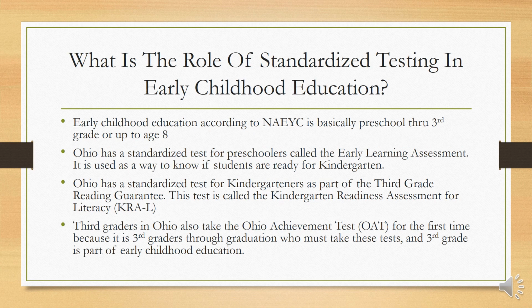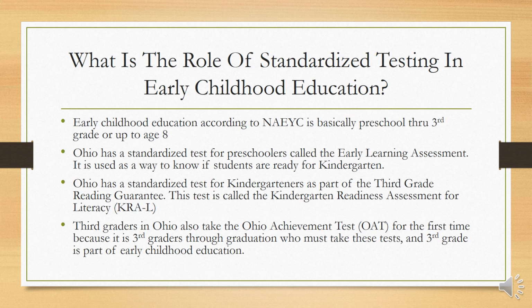What is the role of standardized testing in early childhood education? Early childhood education, according to the NAEYC, is basically preschool through third grade or up to age 8. Ohio has a standardized test for preschoolers called the Early Learning Assessment. It is used as a way to know if students are ready for kindergarten.